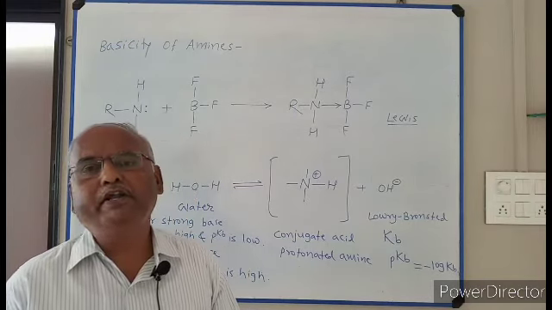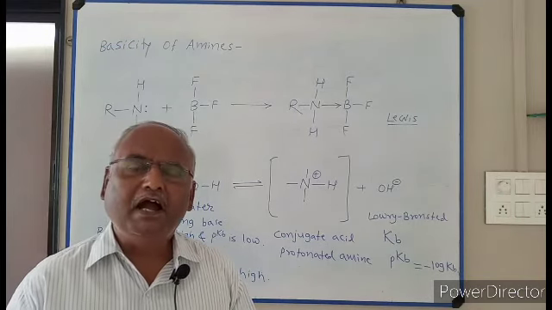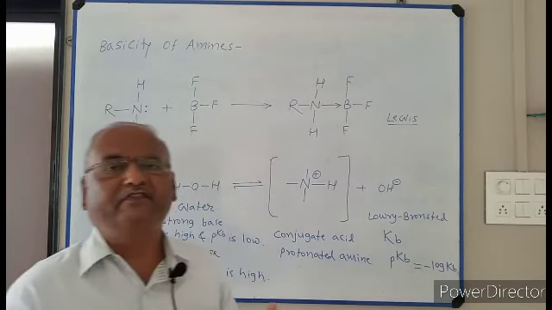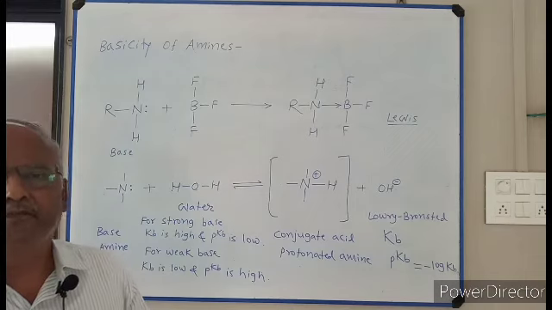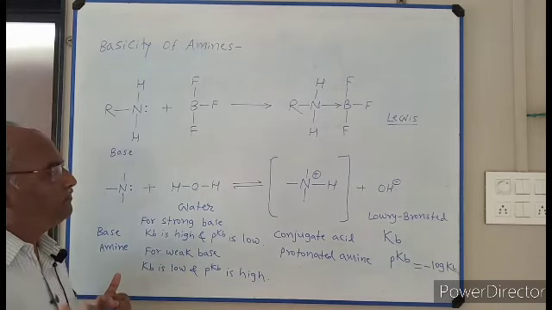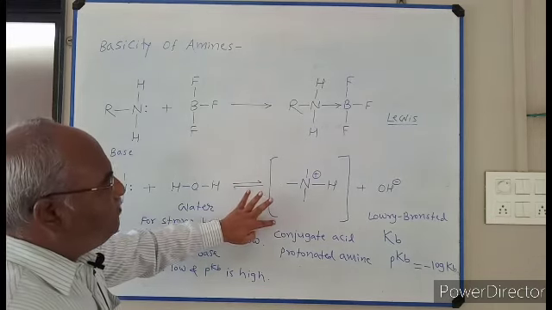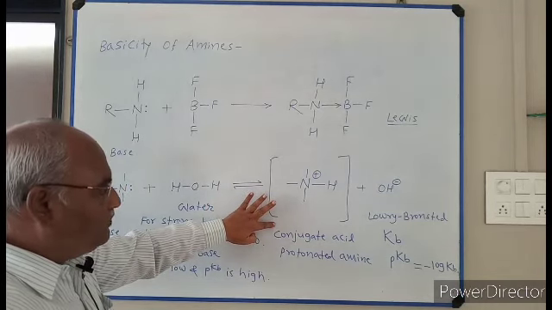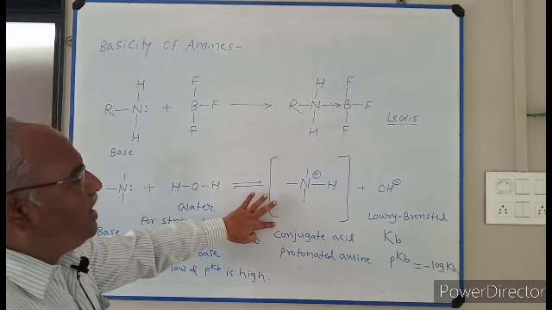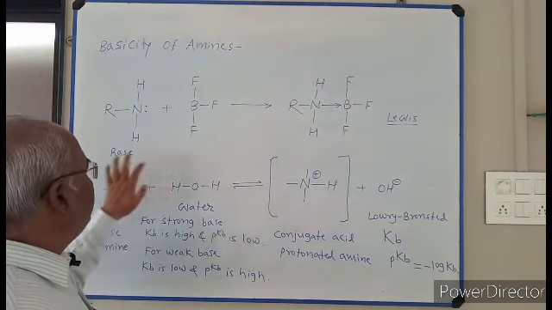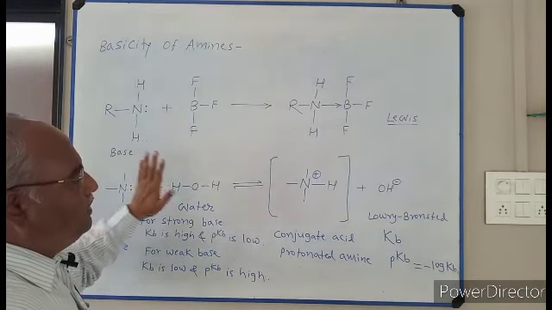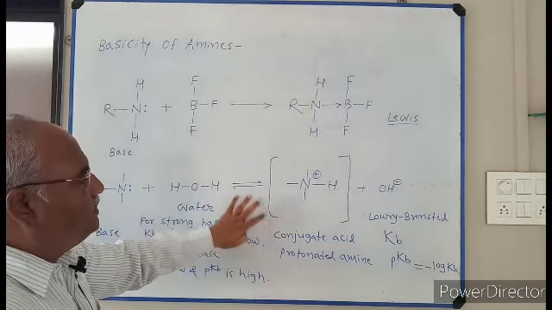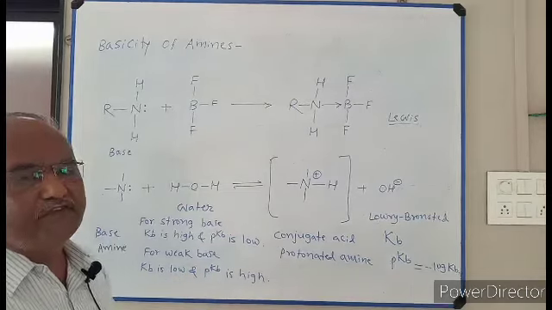According to the Lowry-Bronsted concept, amines accept protons, therefore they act as weak bases. If the stability of the conjugate acid is high, then the base is a strong base. If the stability of the conjugate acid is less, then the base is a weak base.